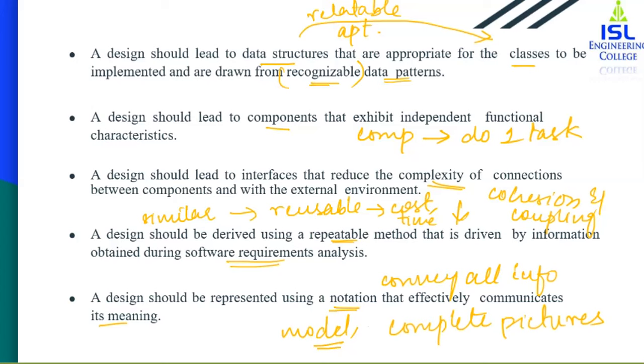So whatever design notations or models you're using for representing the design need to be able to communicate its meaning. Suppose you want to know how the business is going, so you plot a graph to show whether it is going upwards or downwards. You need to use such a graph or such a notation that conveys the meaning.